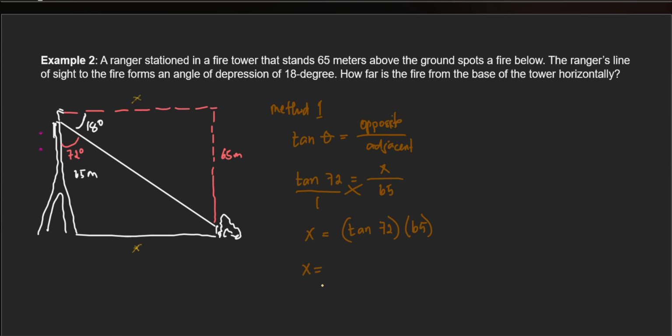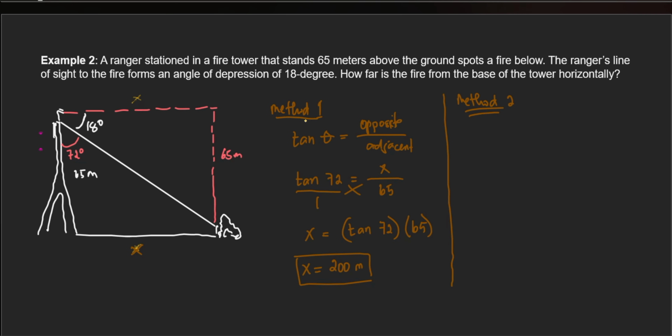So yung value po natin, we have 200. So therefore, we have 200, unit will be meter. So therefore, yung measure ng x po natin dito na part is equal to 200. Now, let me show you also the method number 2.